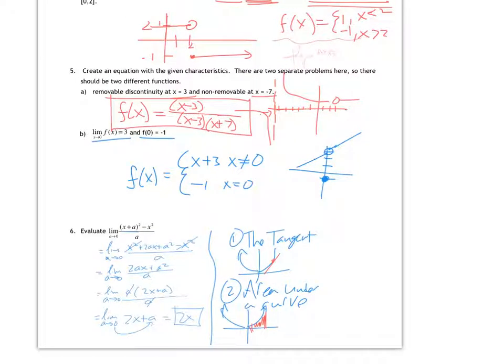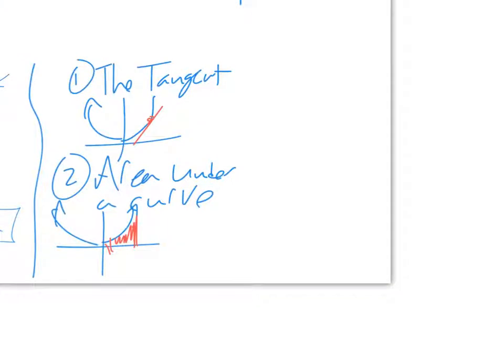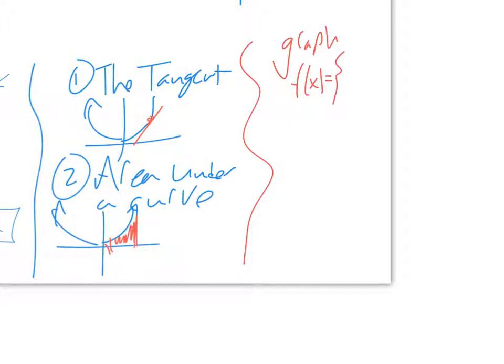A couple other suggestions here. Be ready to graph a piecewise function. So let's say graph f of x equals x plus 3 for x less than 1, and then x squared for x greater than or equal to 1.